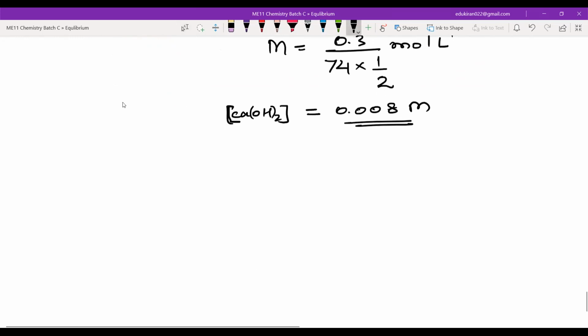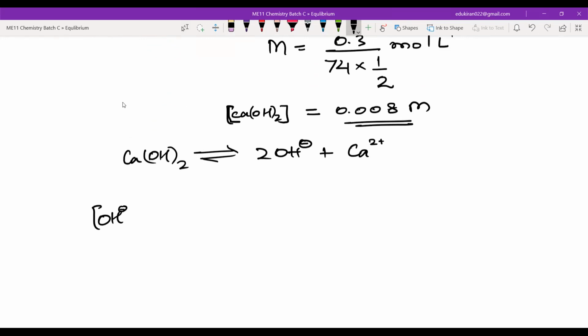Now, you will write the reaction. The reactions are very important. Whenever you have an acid or base, you will write the reaction. So Ca(OH)2, a balanced chemical reaction, is going to give you 2OH negative plus Ca2 positive. Yes or no? So I can write the concentration of OH negative according to the reaction.